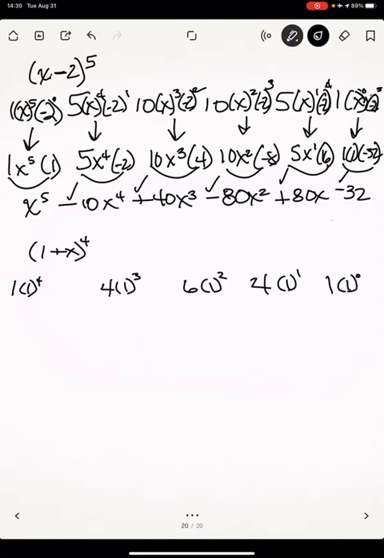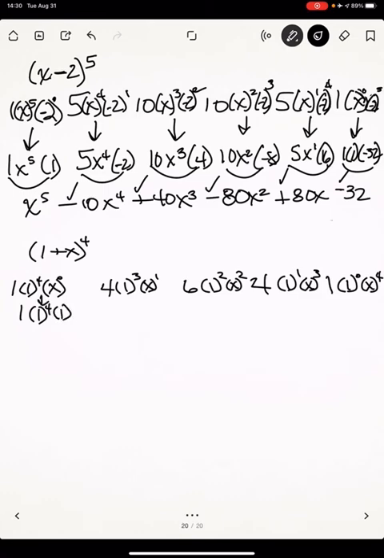All right? Then the last one we're going to do is x. So instead of it being x to the 4th, like we did before, it's going to be x to the 0, because it's our second term. X to the 1, x to the 2, x to the 3, and x to the 4. All right? So now we want to simplify. So x to the 0 is 1, so we're going to be left with 1 times 1 to the 4th times 1.